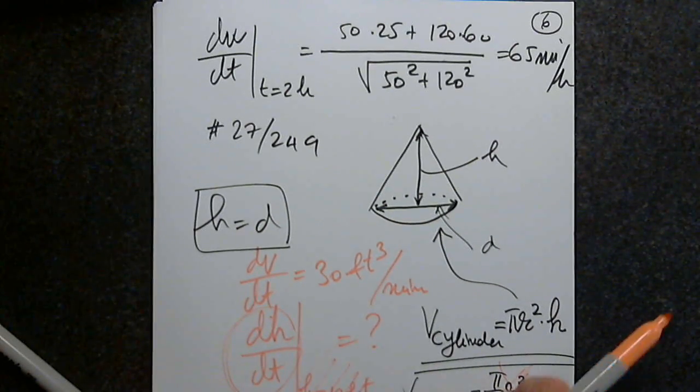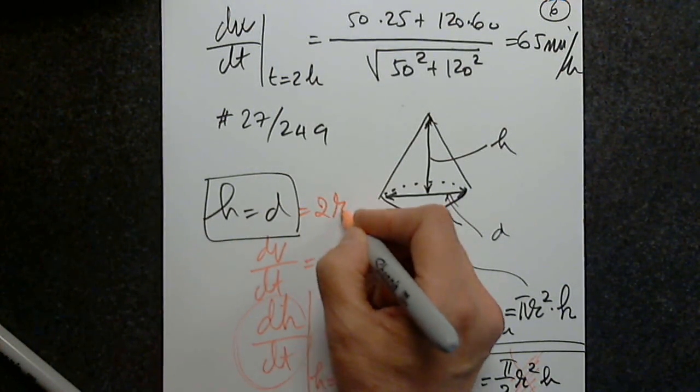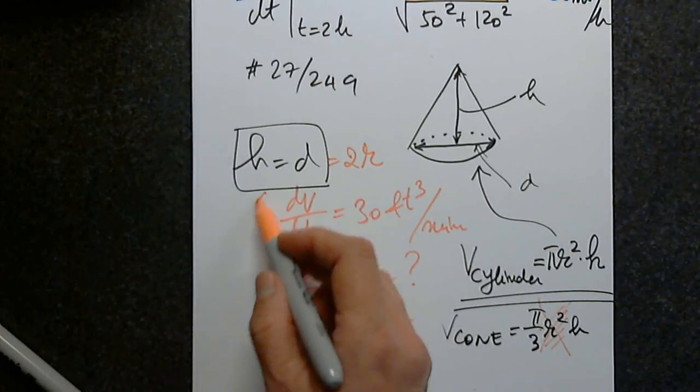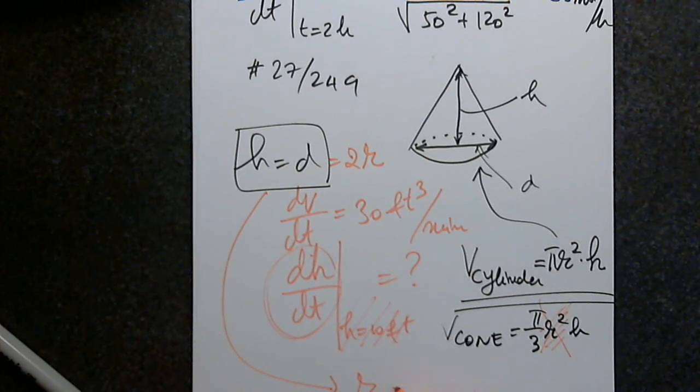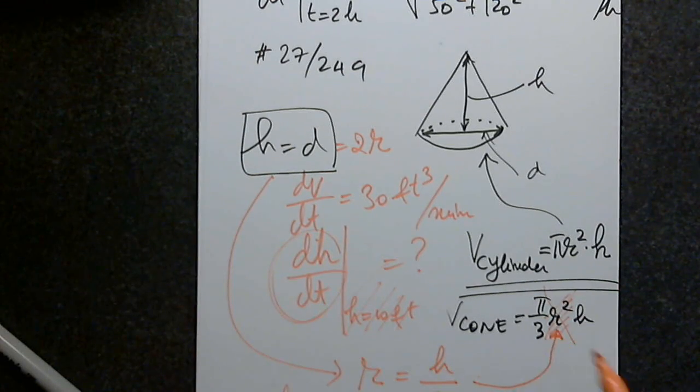Well, I can't erase it, but I can do something about it, right? Because the height equals the diameter, or 2 times r. From this relationship, I can solve that equation for r in terms of h, right? So h equals 2r. So then r equals h over 2. And this is what I have. That's where my starting point is.